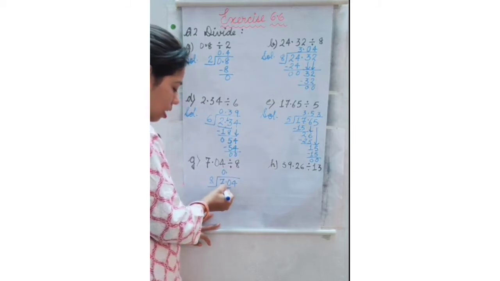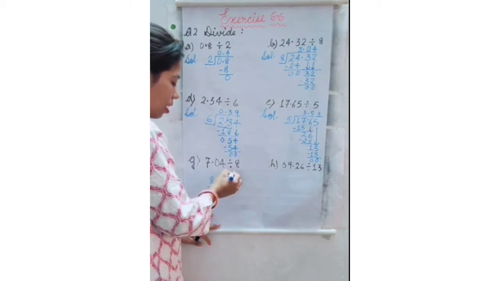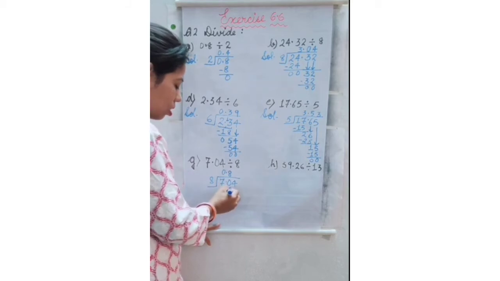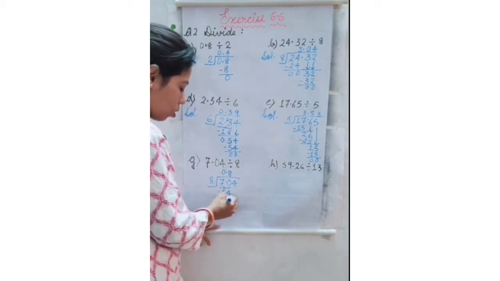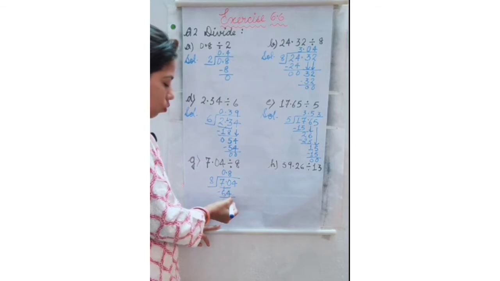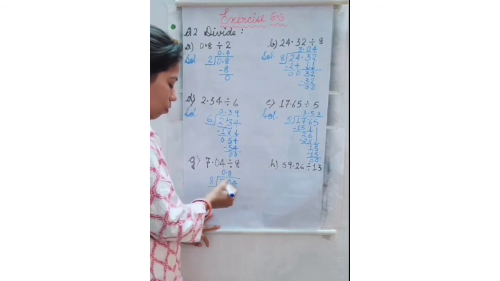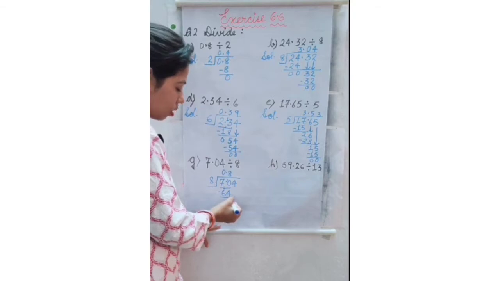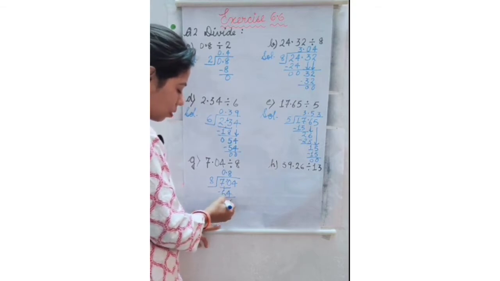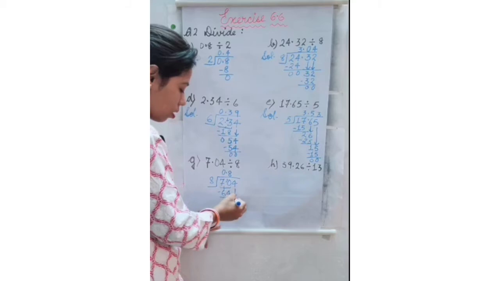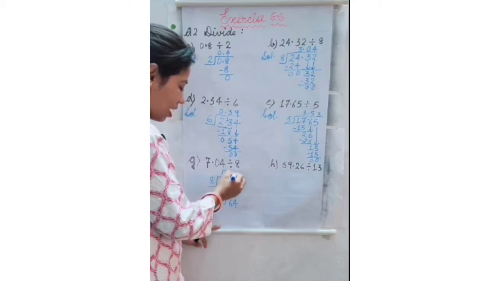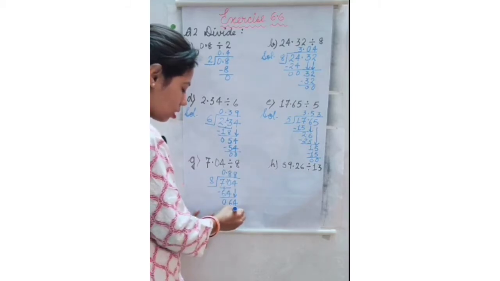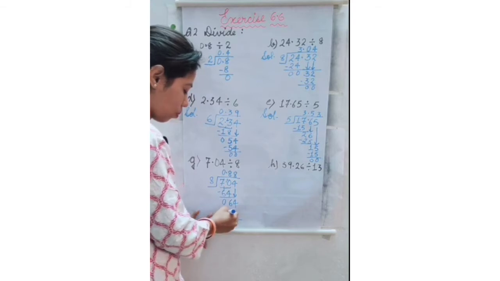Now we will take this 7 0 together. 8 8s are 64. Here we cannot divide this 4 from 0, so this 0 will take help from the neighbor and will become 10. When we will subtract 4 from 10, we will get 6 here. This 4 will come down. 8 8s are 64.